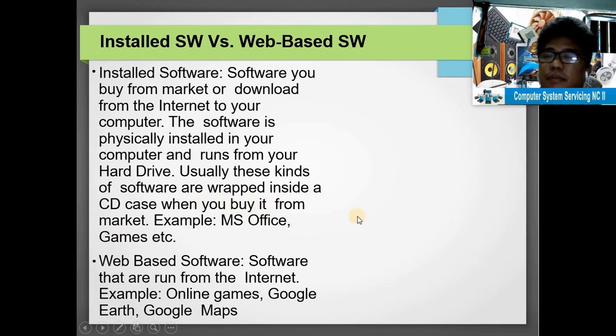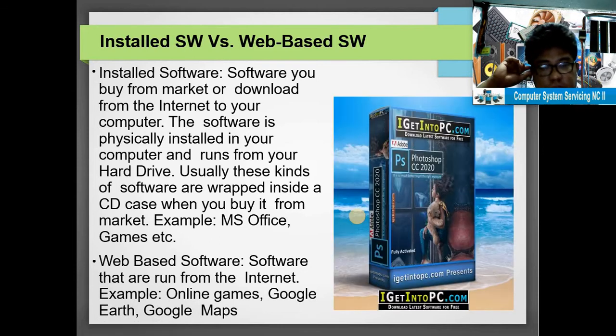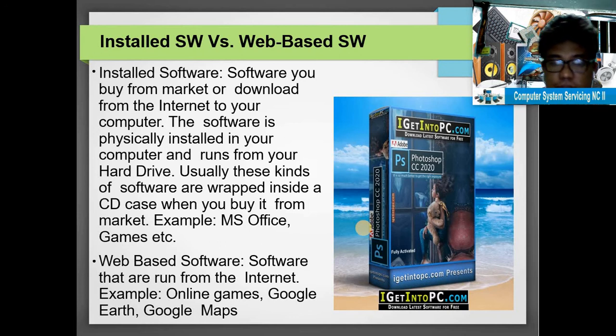Example is Microsoft Office, games, etc. So here, ito po yung example ko sa naka-package na software. Okay? Or installed software. We have Photoshop CC 2020 and naka-box pa yan, naka-packaging. Okay, you can buy this from the market.